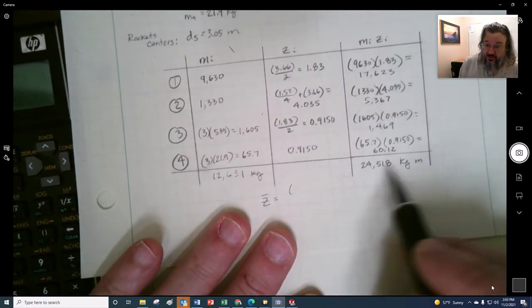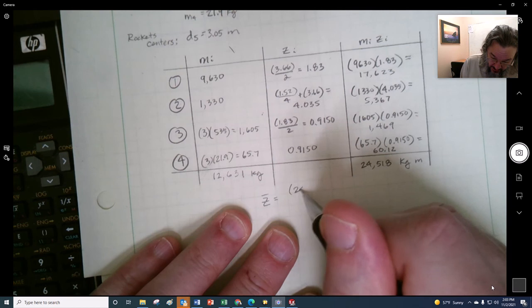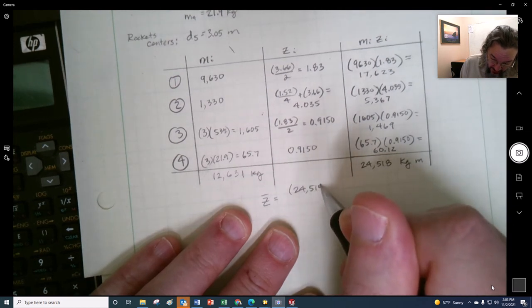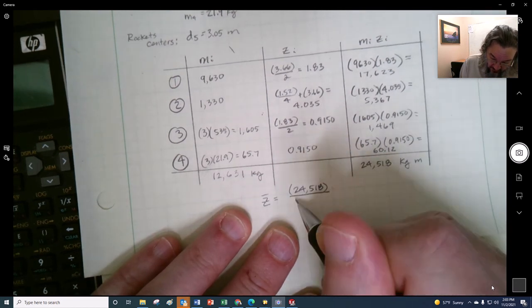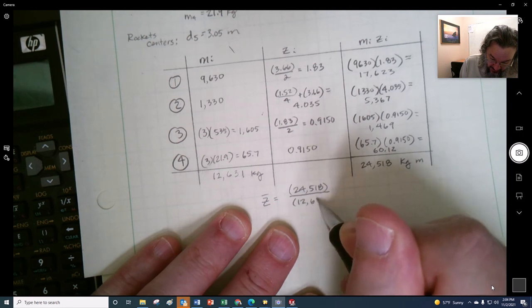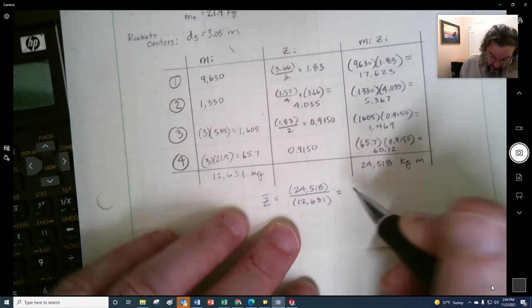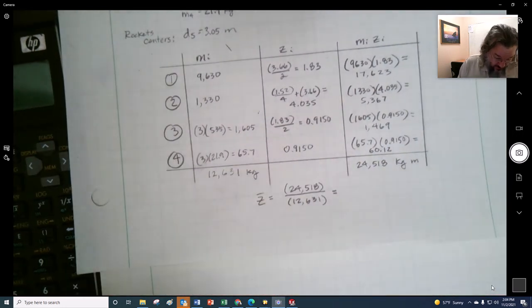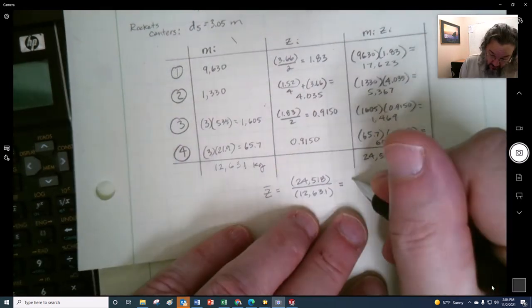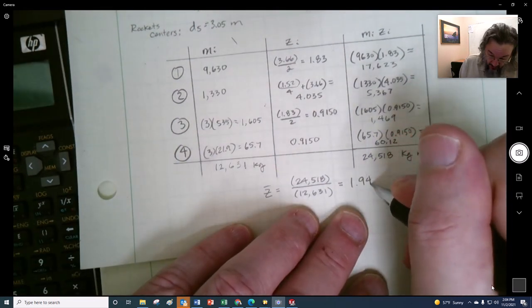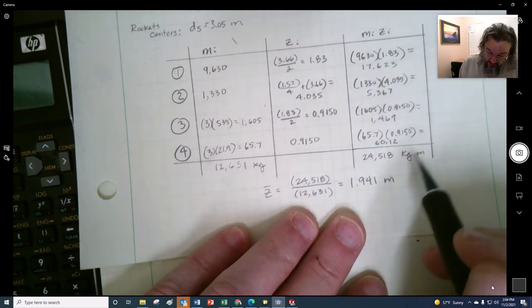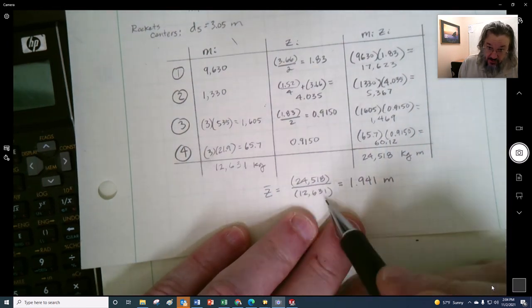It's the summation of all of those, or the 24,518 divided by our 12,631. Fingers crossed that we get the same number as the SolidWorks, 1.941 meters, because we divided kilogram meters by kilograms.